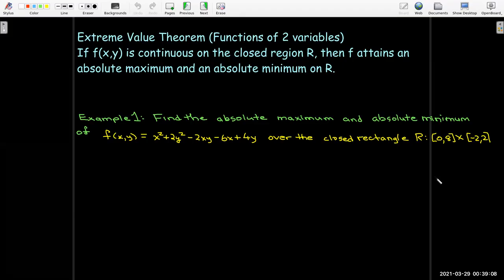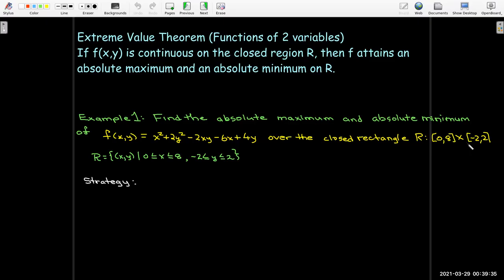Now this is a shorthand notation, and we're going to use this a lot later on in the course. And really what this means is it's an x interval cross a y interval. So really it means all ordered pairs where the x coordinate goes between 0 and 8, the y coordinate goes between negative 2 and 2.